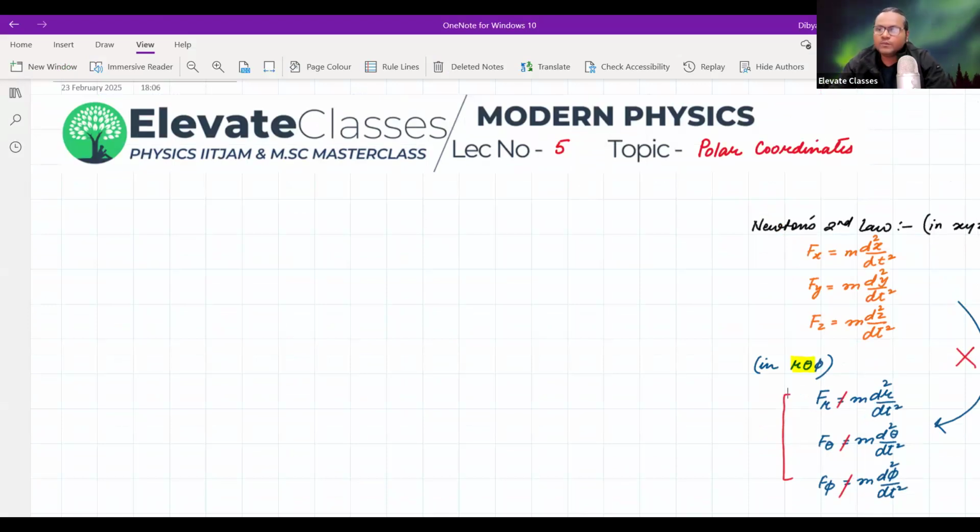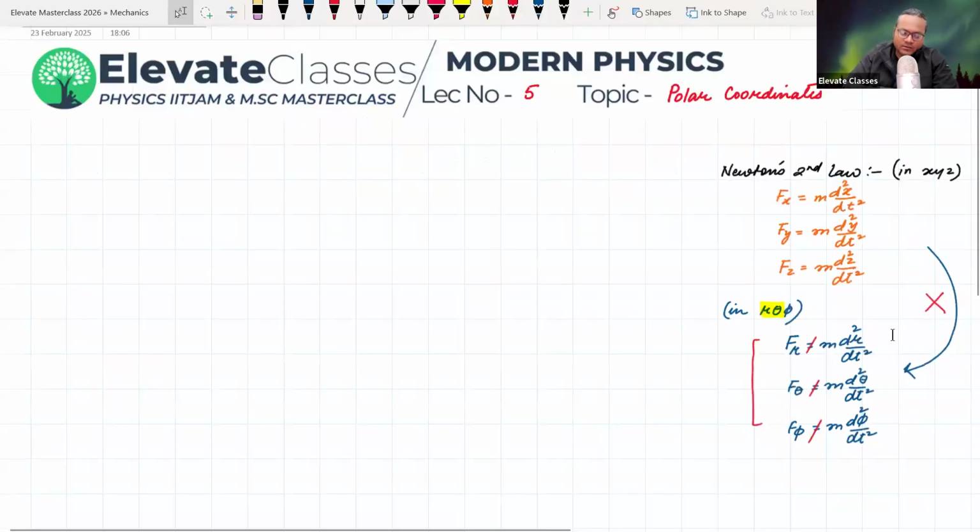Position has to be defined, but position is always defined with respect to a mathematical, geometrical construct. There is no absolute position of anything. It is always defined with respect to a coordinate system. So the geometrical construct is called the coordinate system. When we talk about the XY plane, that is also a geometrical construct.